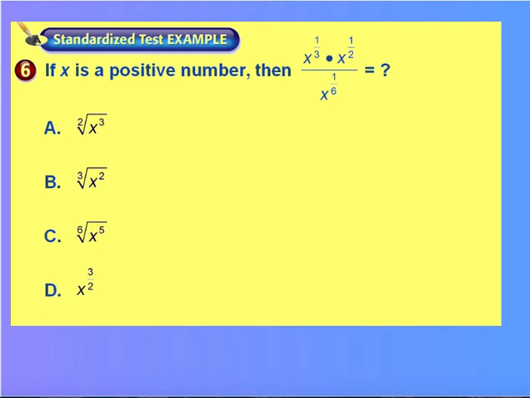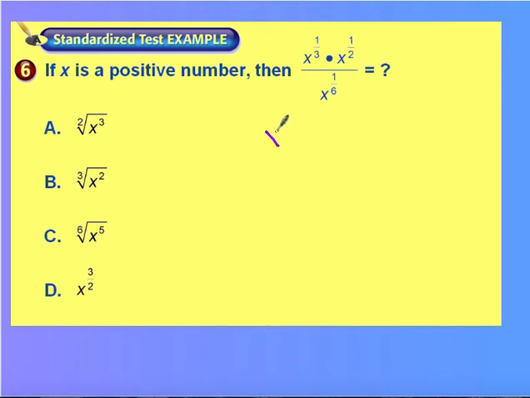All right, our last example, we have multiple operations happening here. I have multiplication on the top and I have divided by x to the 1/6 power. So just as I always have done, I use that fraction as a separator. So I'm going to go ahead and simplify the top first.